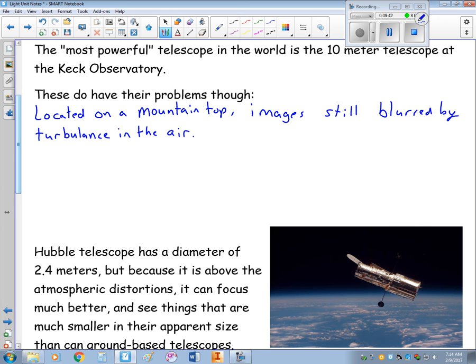This is going to be true for any ground-based telescopes. They suffer from the fact that the air and air pockets form tiny little lenses that continually change the focus. Part of that is also because air will refract light.